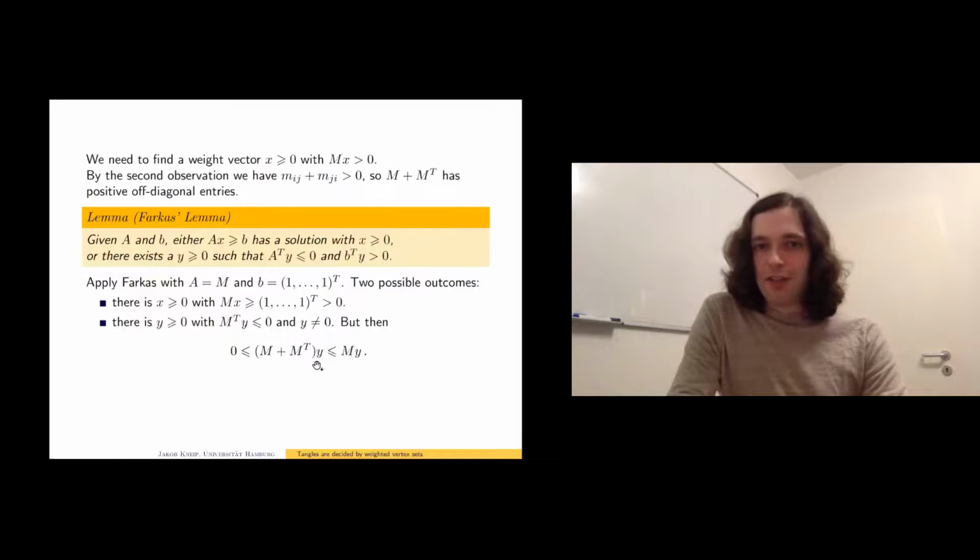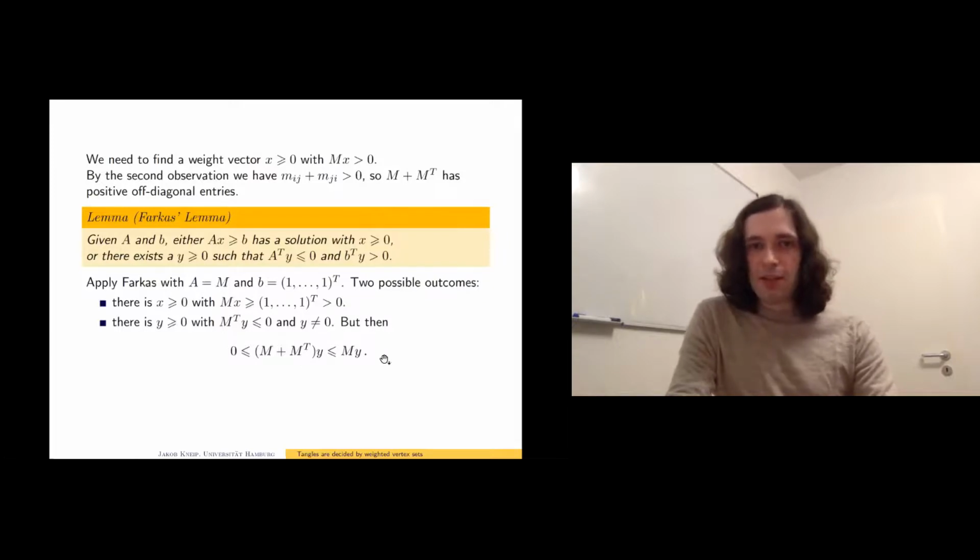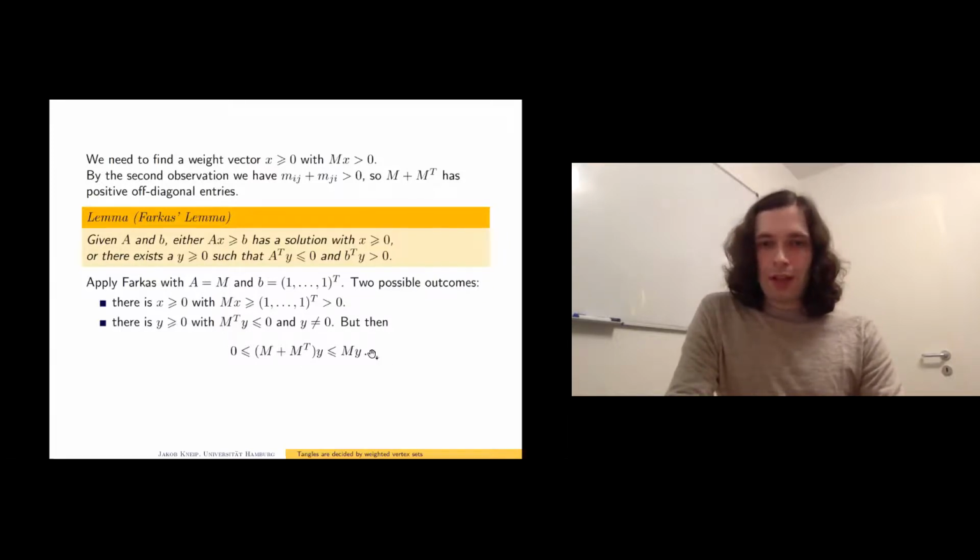So this is less than or equal to the same expression, but without the M transpose. So the vector Y that we find here turns out to be almost the same as the vector X that we found here. So we get that M times Y is non-negative everywhere.